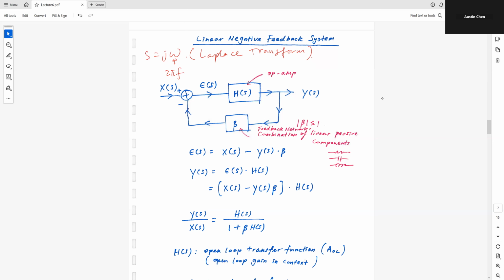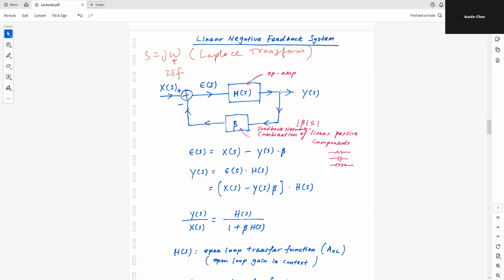So I have this X of S going into this H of S, and then producing some Y of S. And then I'm also going to tap part of the signal from the output at this node and send it back to the input via this feedback network.